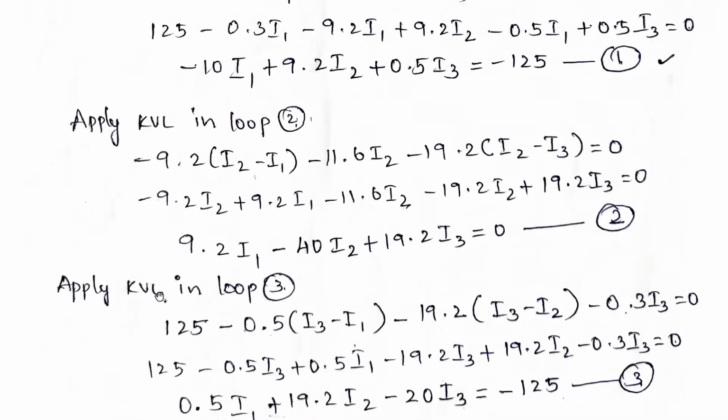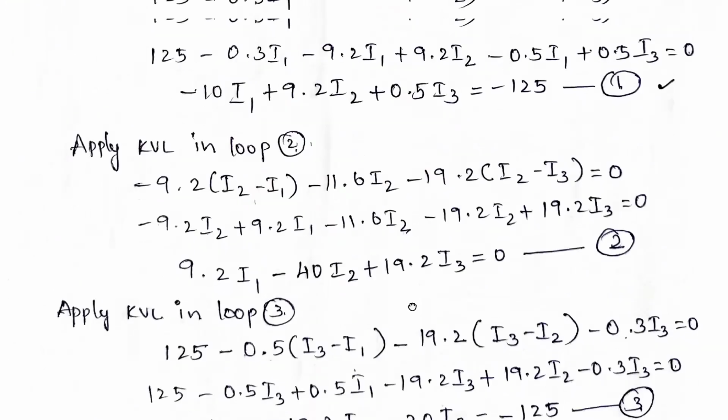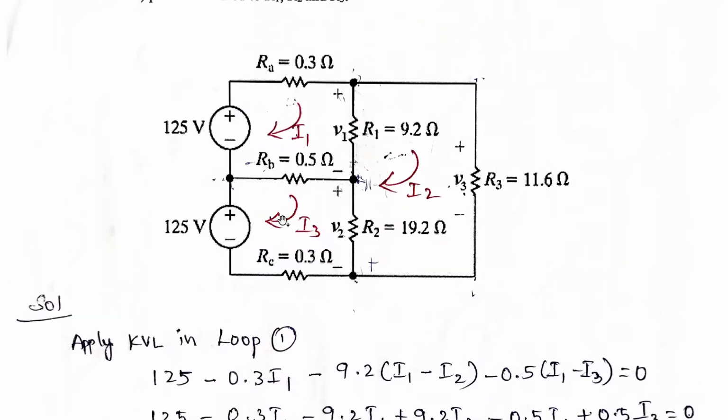Next, again applying Kirchhoff's voltage law in loop number 3. Here the current is flowing like this, so it is minus to plus, which means it is a rise. Rise is positive, so 125 as it is we are taking. Again this is a drop, again this 0.5 is there. Again this is a drop, so 0.5 into I3 minus I1.